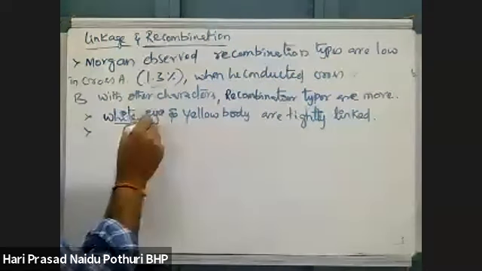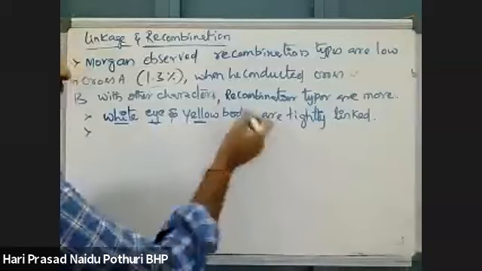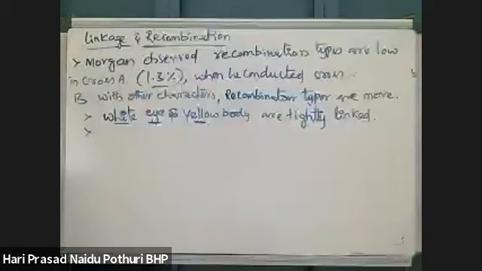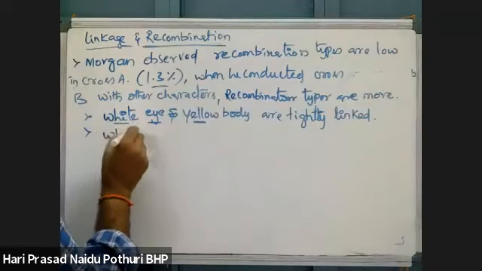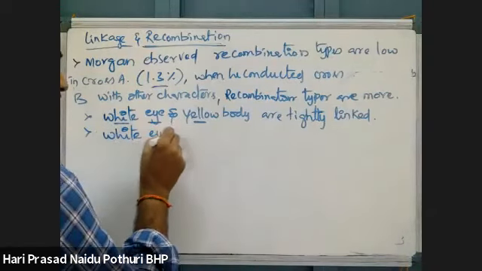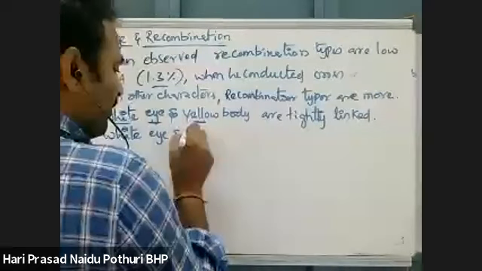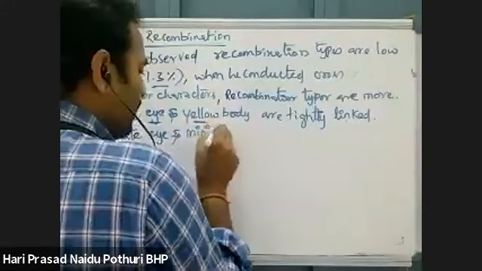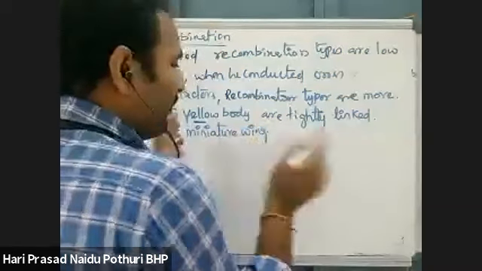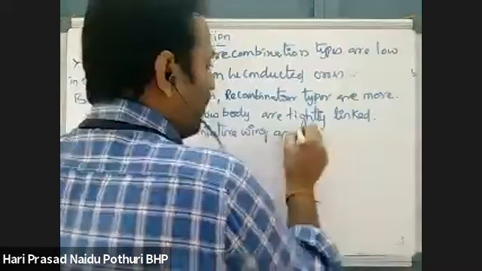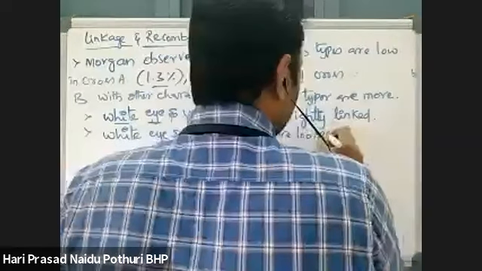When he conducted the experiment of white eye crossed with yellow body, he found very few recombination types. That means they are more linked. Similarly, white eye and wing size, like miniature wing, where miniature wing means wing size or wing width, are loosely linked.